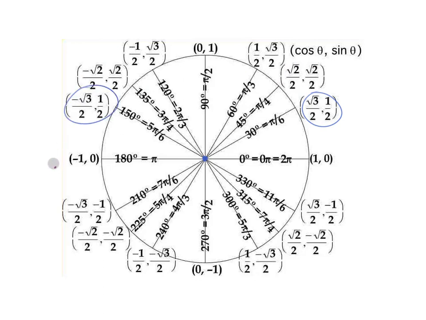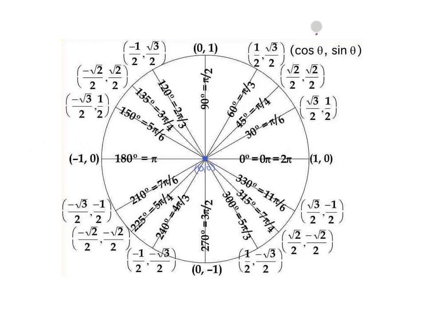And if you look at these coordinates, even the ones we have circled here, the values are basically the same. In this quadrant, cosine, the x-coordinate, is negative because we are to the left of 0, 0. So a lot of these values are basically the same.